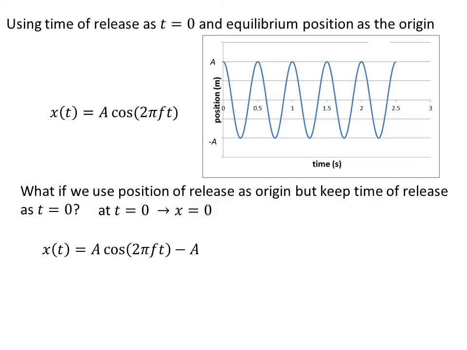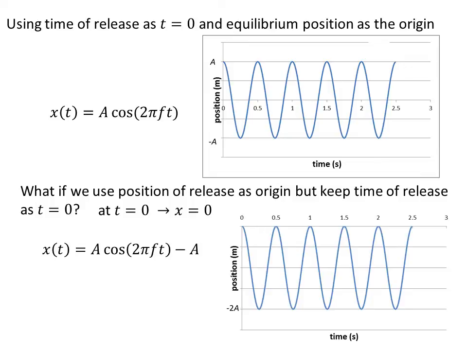Or another way of thinking about this, we've moved our origin from the equilibrium position to the point of release, which has a value of A. So that means that our equilibrium position now has a value of minus A. And that's what we're adding on to this x of t to make it work with the new origin.